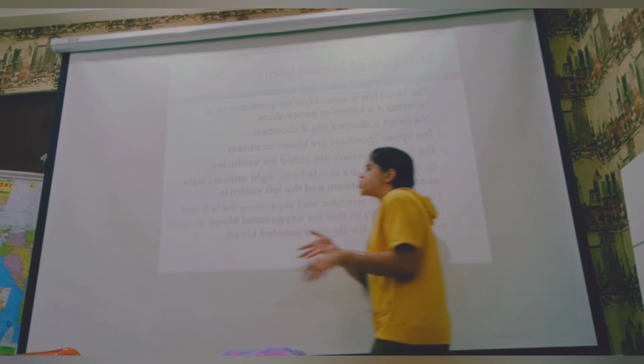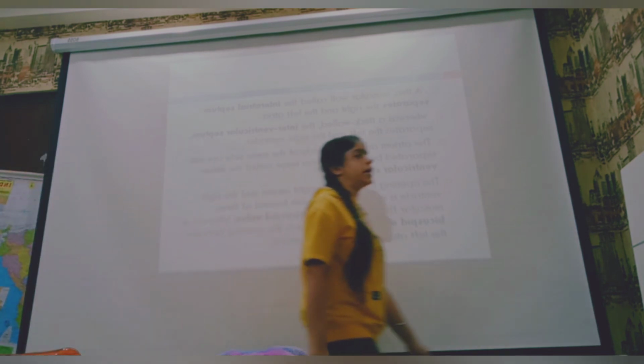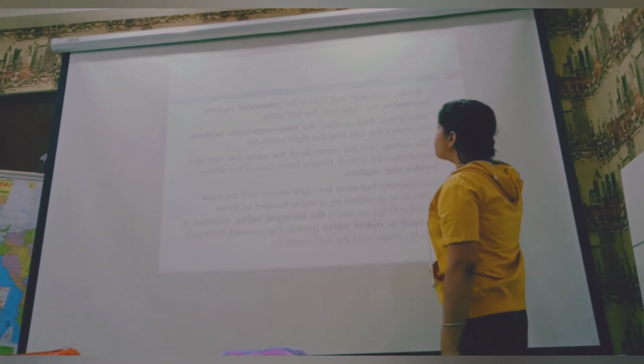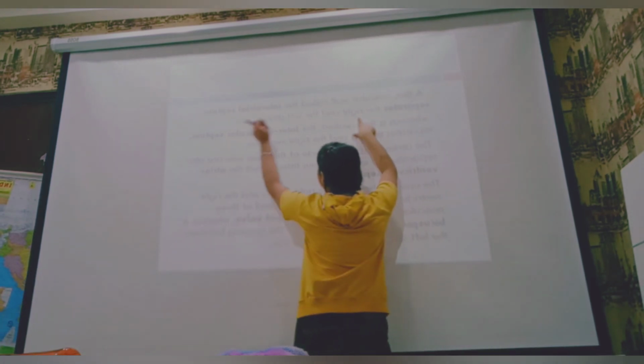It separates so that the oxygenated blood and deoxygenated blood do not intermix. We all know that the right portion of the heart has deoxygenated blood and the left portion has oxygenated blood. We have discussed this. Now see, a thin muscular wall separates the right and the left atrium.